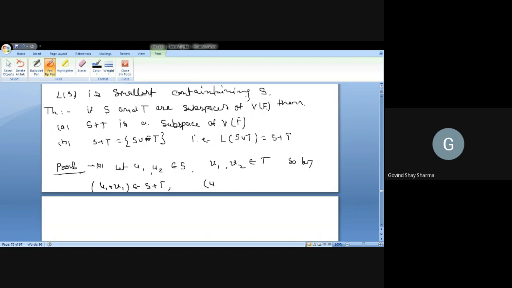and u2 plus v2 belongs to S plus T. Now we have to show that S plus T is a subspace.